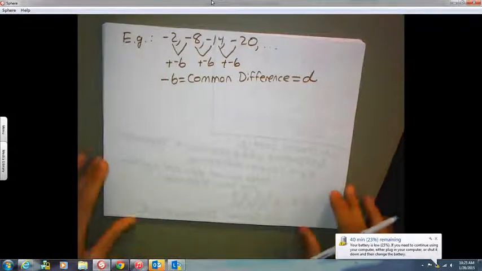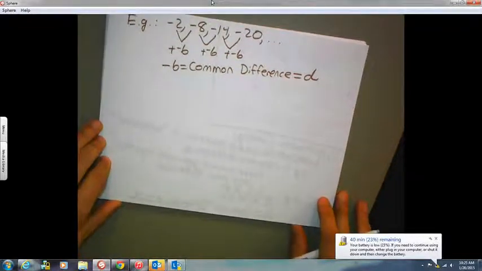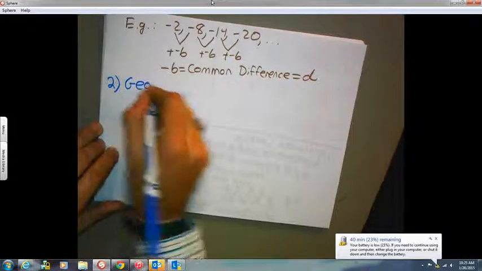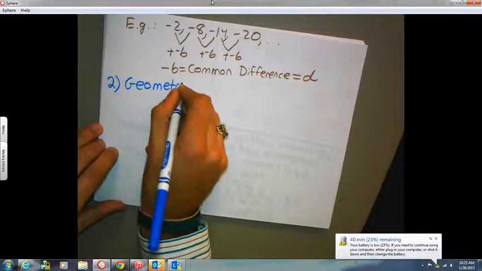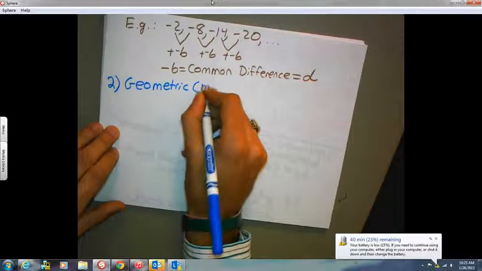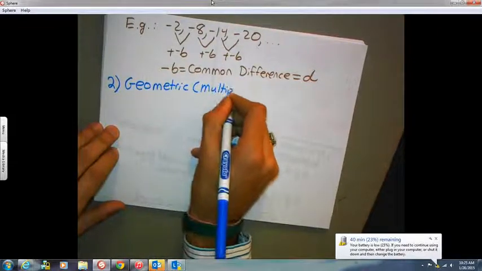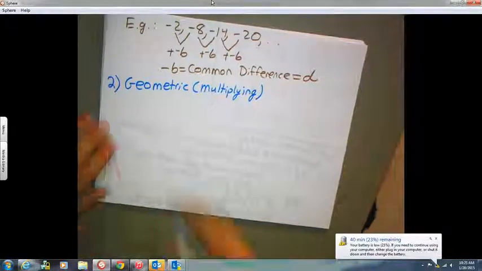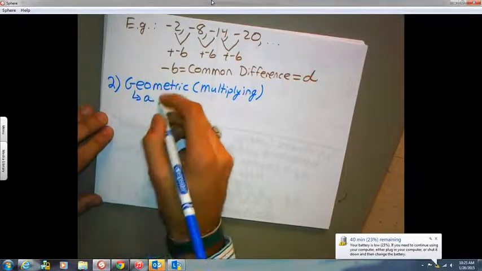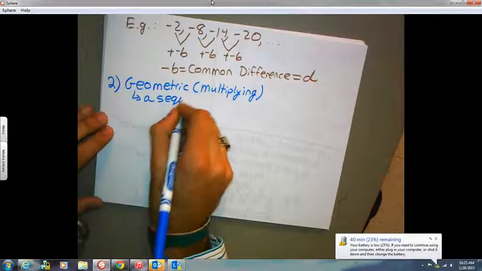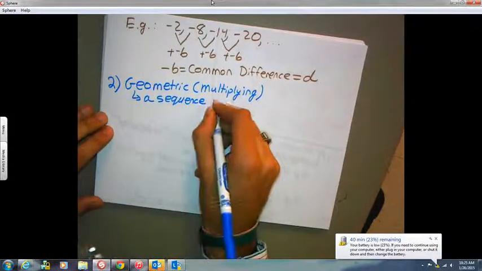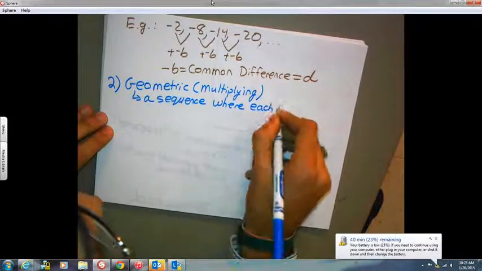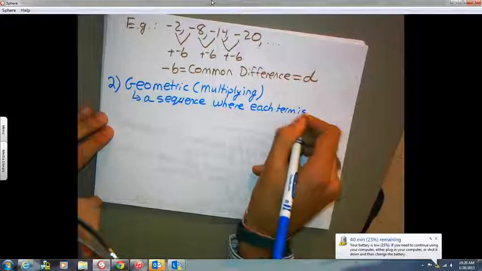The second type is geometric. Here you want to think about multiplying. Geometric is a sequence where each term is separated by a common ratio.